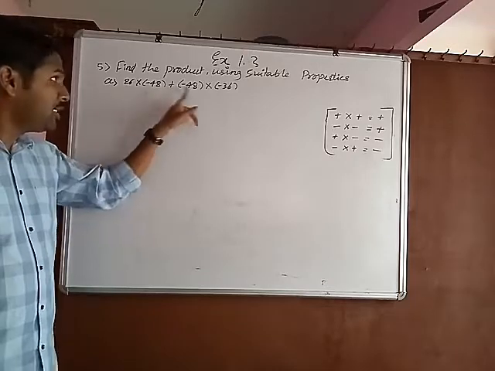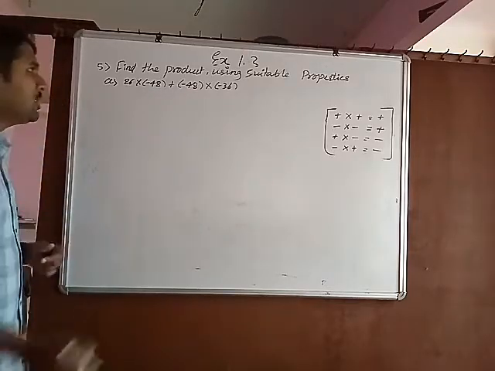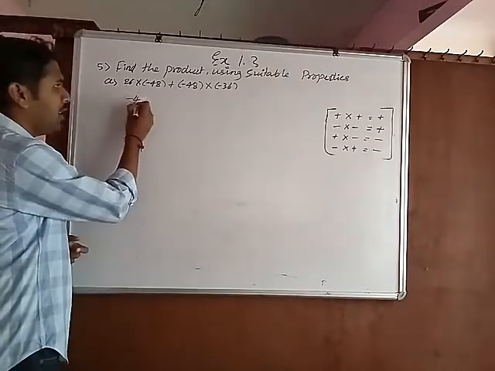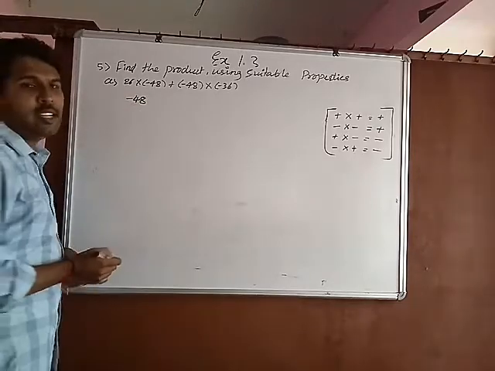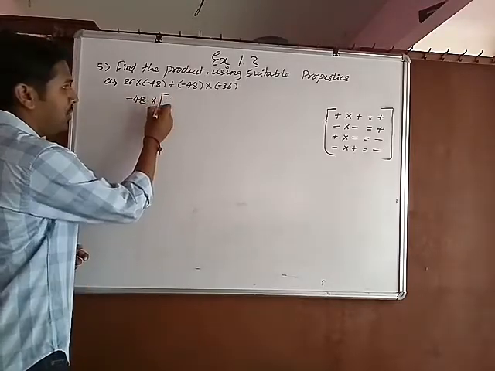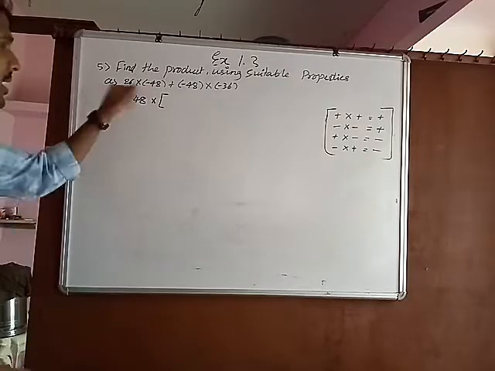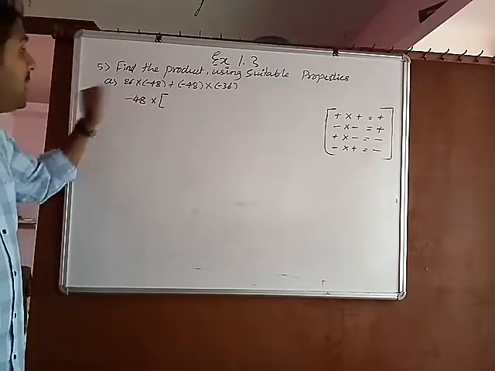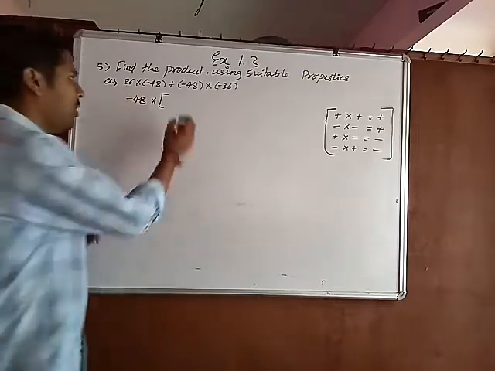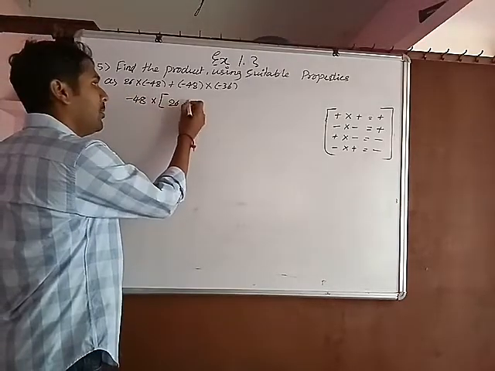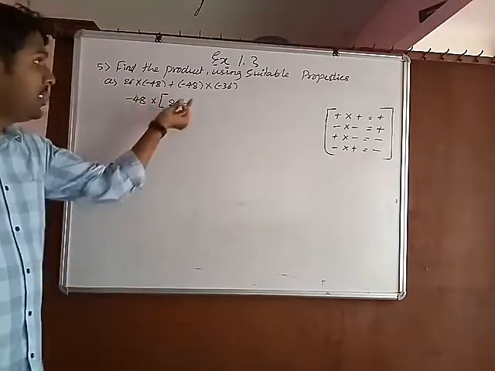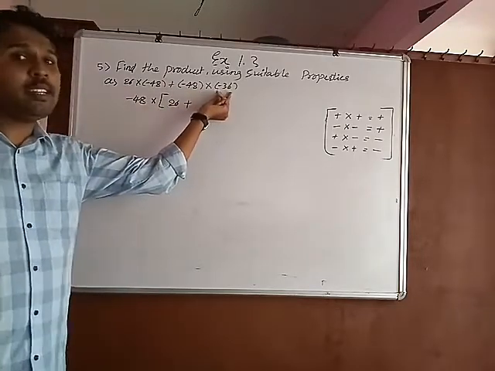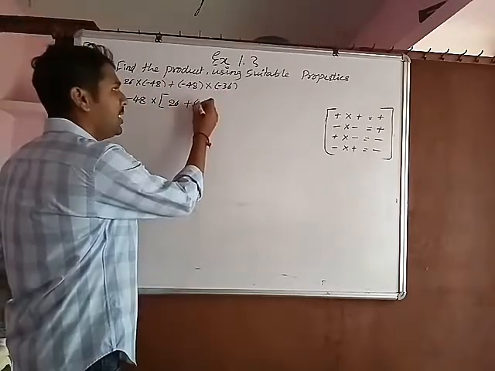Minus 48 is common, no. So take it outside first, that is minus 48. Take it outside into, you should write in a bracket remaining things. If you remove minus 48 outside, what will be the remaining number? 26, no? 26 plus sign is there. Here also, what is the remaining number? Minus 36, no? Minus 36.